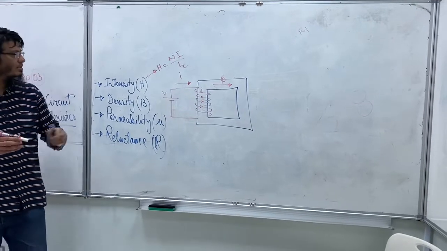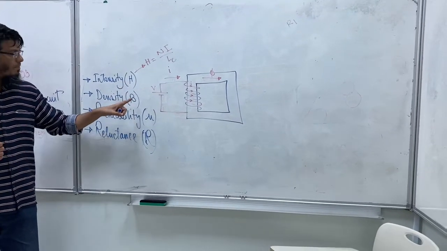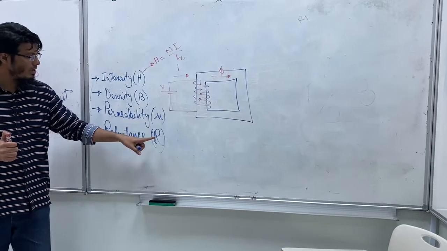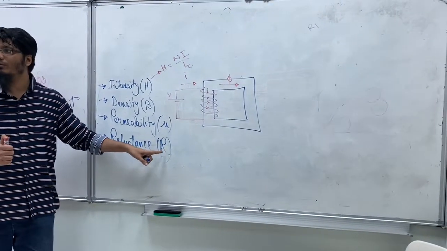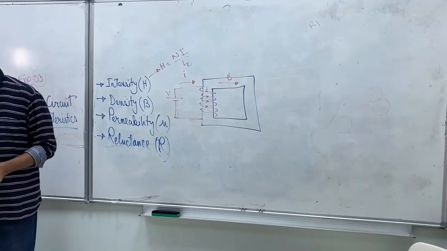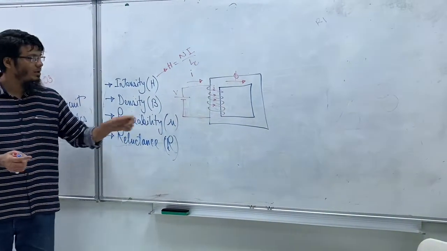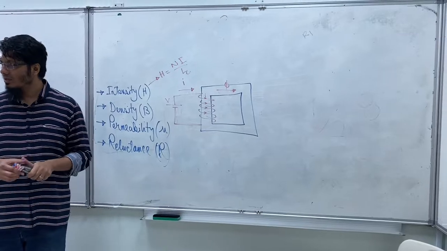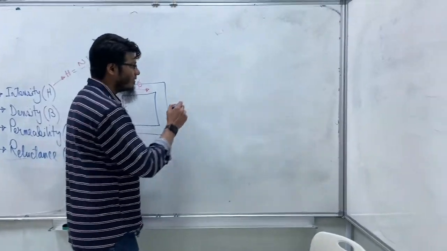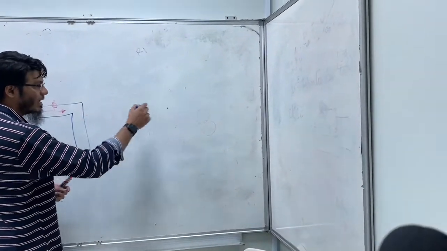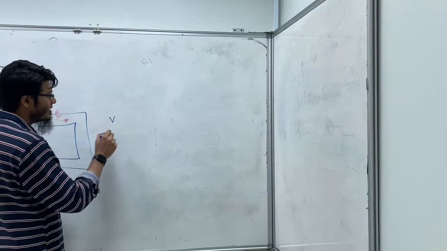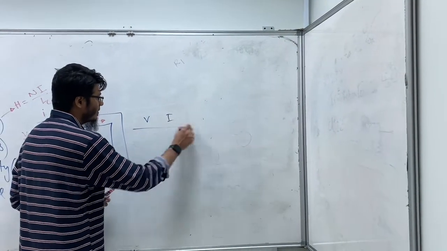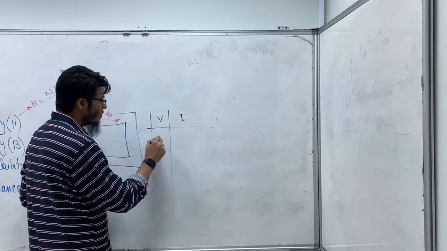So that means this value of H, B, mu and R, all of them we will calculate. We will calculate them, but we will actually measure the voltage and current. So whenever we do the data taking, we'll have voltage and current.